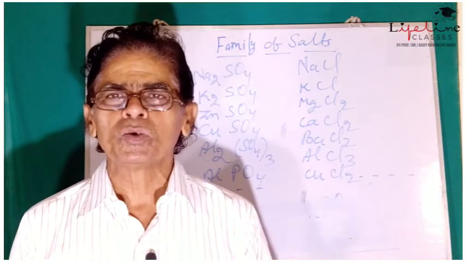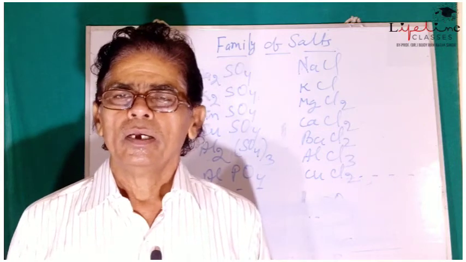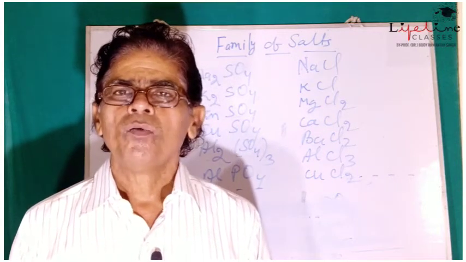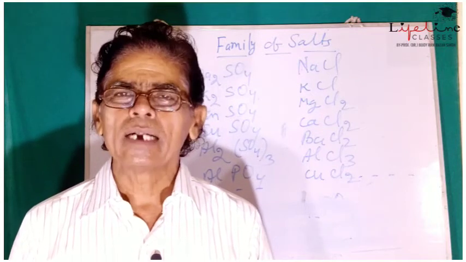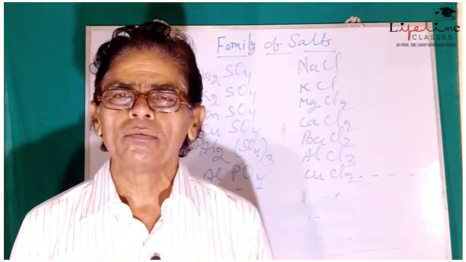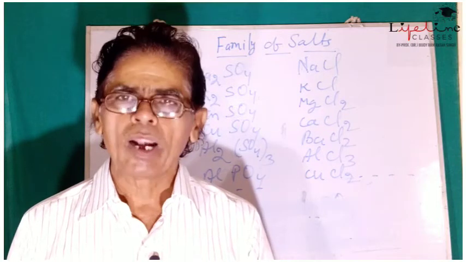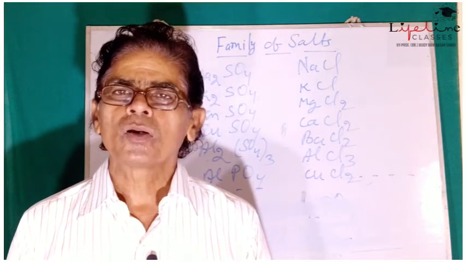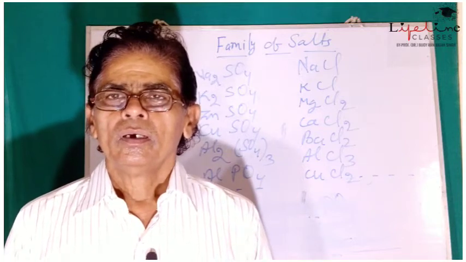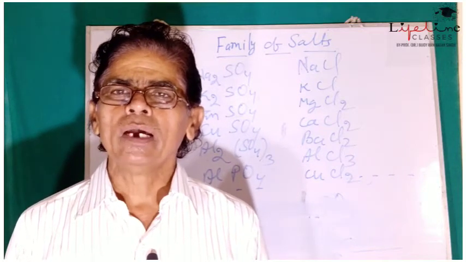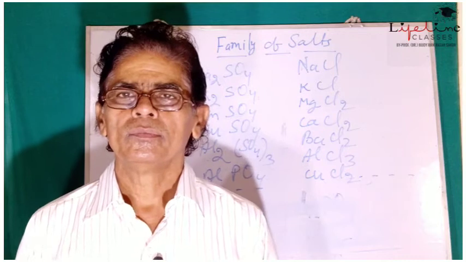So let us come to the main point. What are acidic salts? Acidic salts are those salts which are formed by the neutralization reaction between a strong acid and a weak base. Just like sodium carbonate.